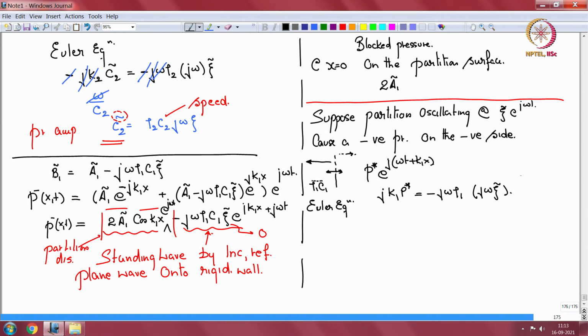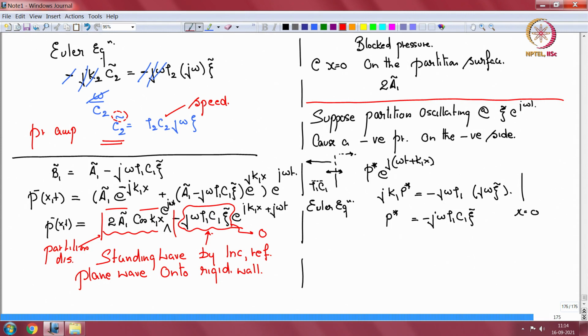This is evaluated at x equal to 0. Okay. So this gives me what? Again cancelling all that, I get P star given by minus j omega rho 1 C1 xi. Okay. So that's what we have here along with the minus.